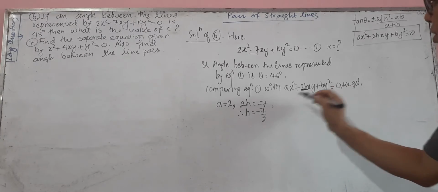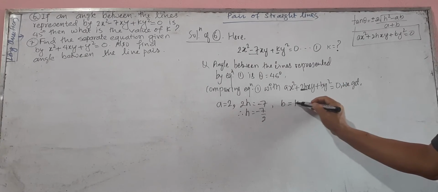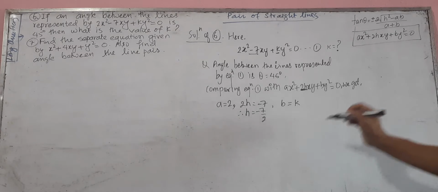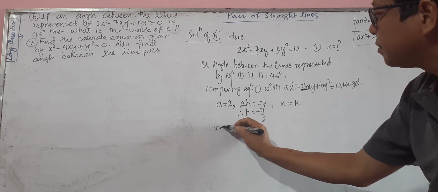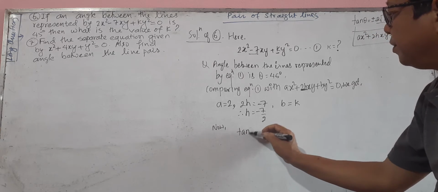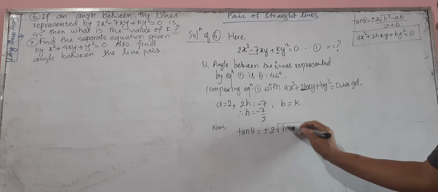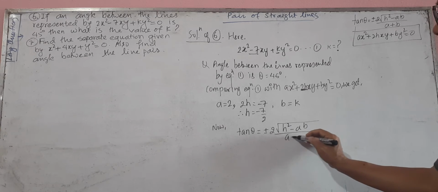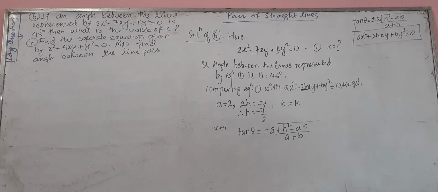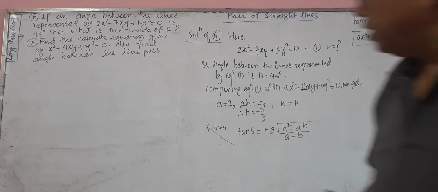The coefficient of y square is b, and here the coefficient of y square is k. Now the angle is given, so we use tan theta equals plus minus 2 root over h square minus ab upon a plus b.